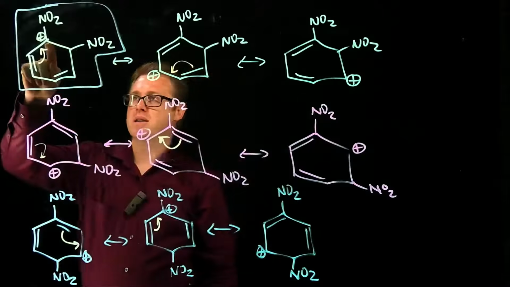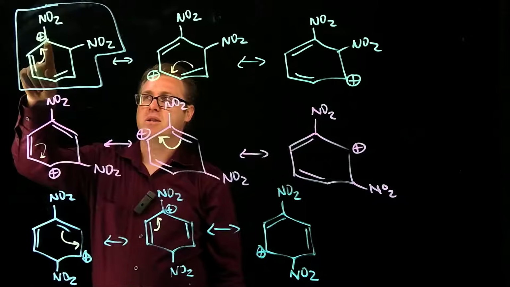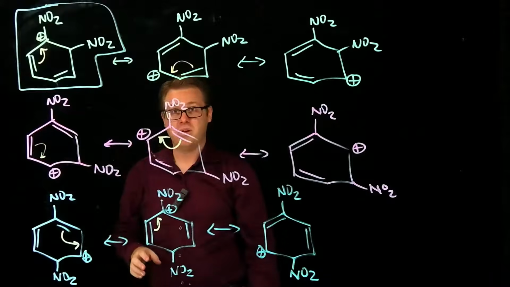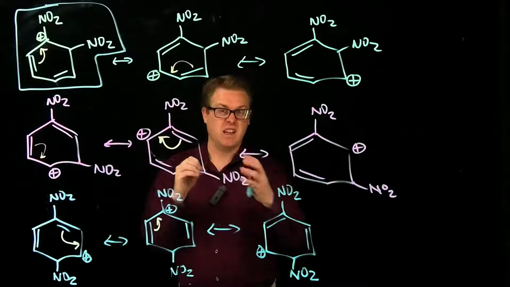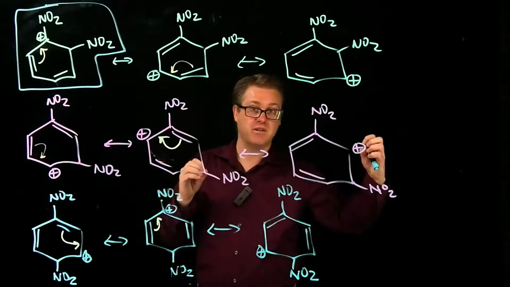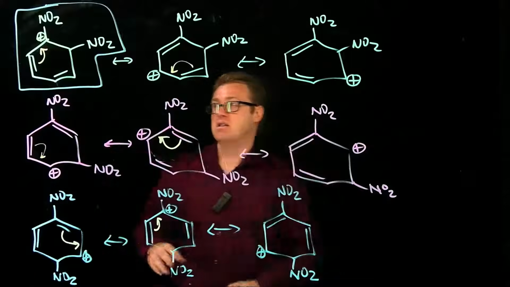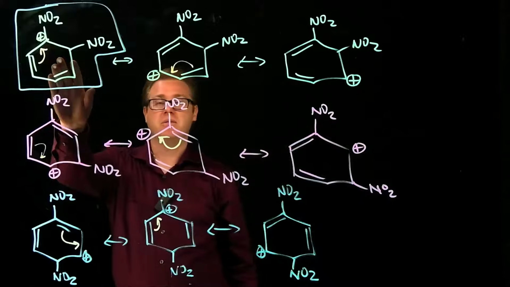You see how we have a positive charge on this carbon and an electron withdrawing group. That's not a good combo. Not a lot of electron density, and then something trying to suck electrons away from an atom that doesn't have very many electrons. So that's very, very unstable.